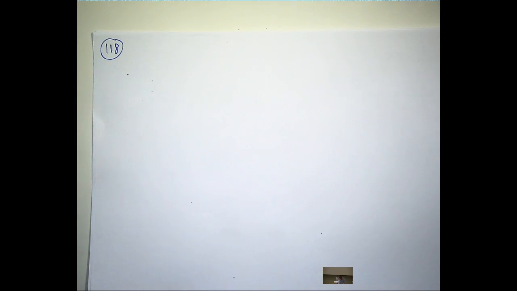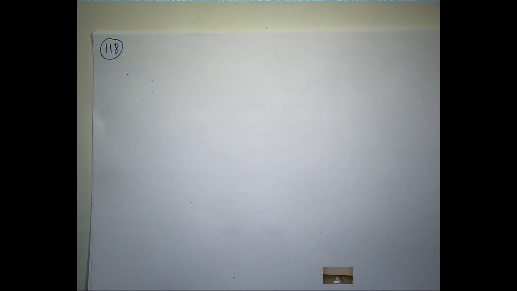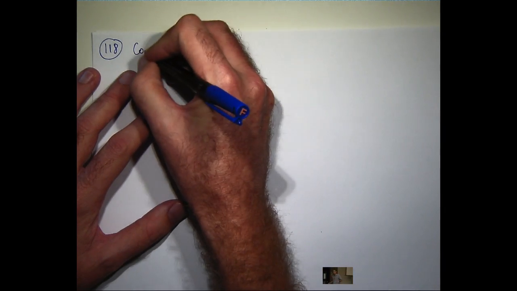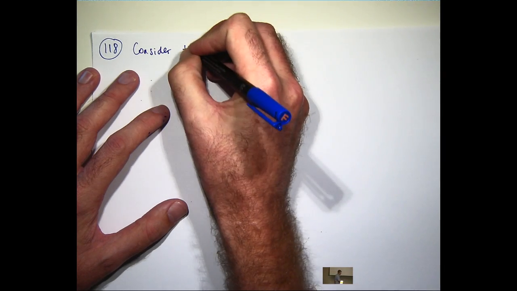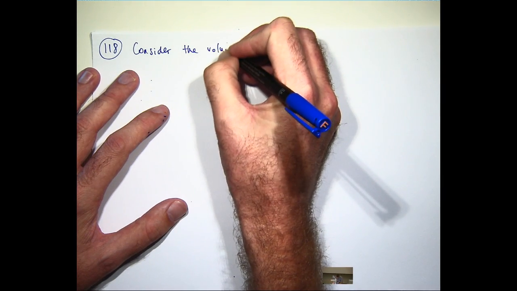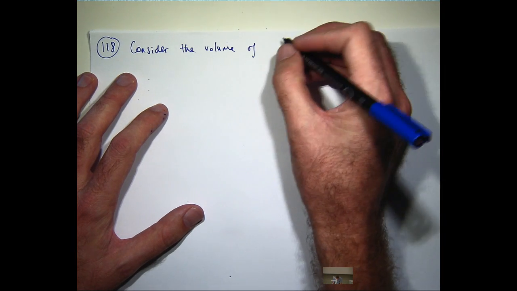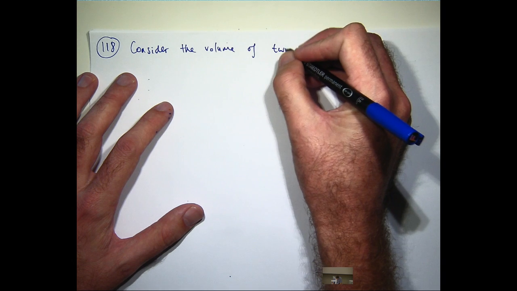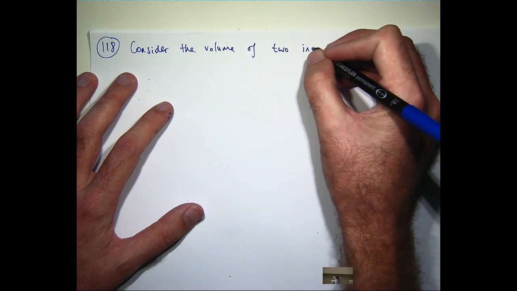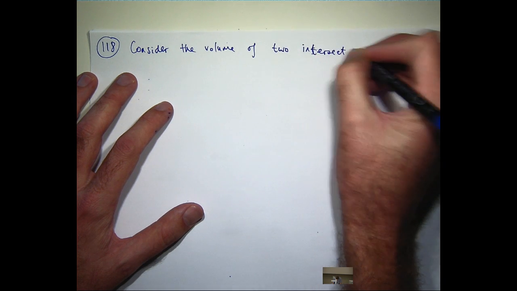So what I'm going to do is I'm going to cheat a bit. I'm just going to draw the two cylinders separately. So let's consider the volume of two intersecting cylinders.